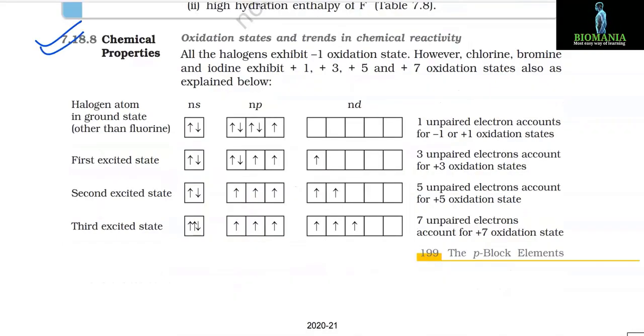7.18.8 Chemical properties. Oxidation states and trends in chemical reactivity. All the halogens exhibit -1 oxidation state. However, chlorine, bromine and iodine exhibit +1, +3, +5 and +7 oxidation states also, as explained below.